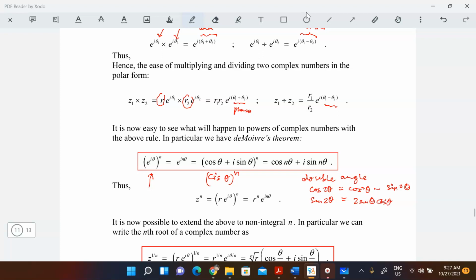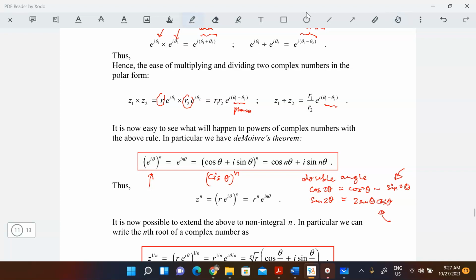Now, how do you get this? Well, you can simply use the Marvelous Theorem. So you do a square of this, and when you do the square, you get cos squared, and then your I squared becomes negative, so you get minus sine squared, and that gives the real part, and the imaginary part will give you that.